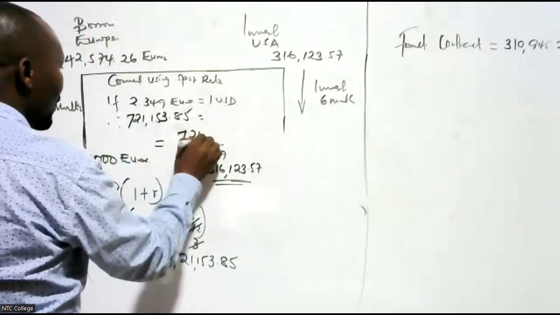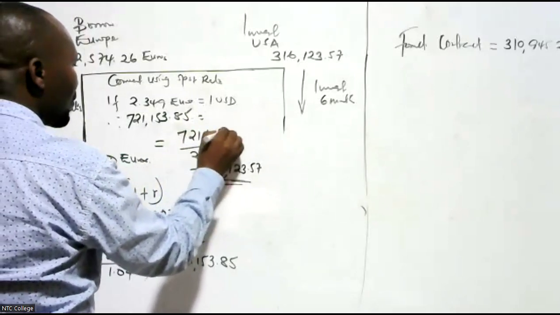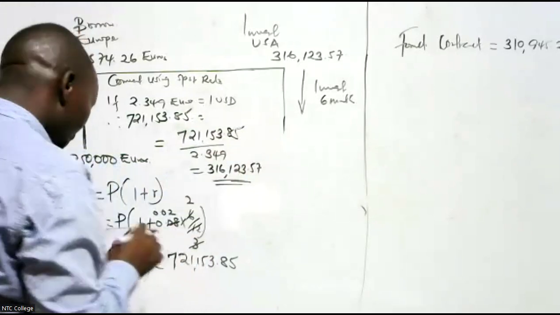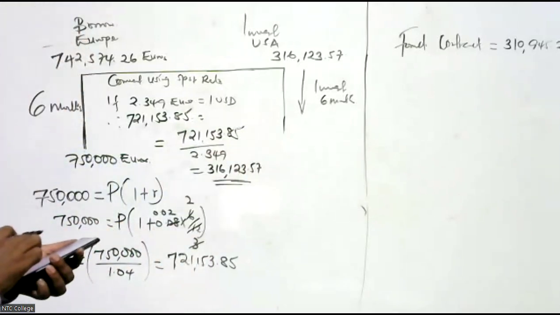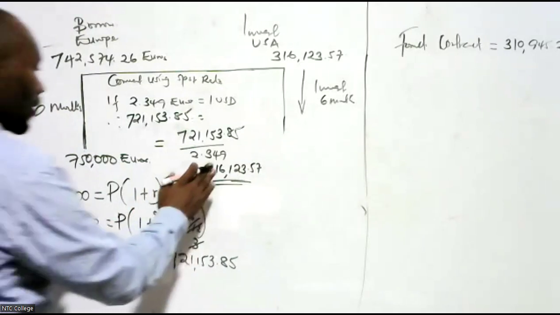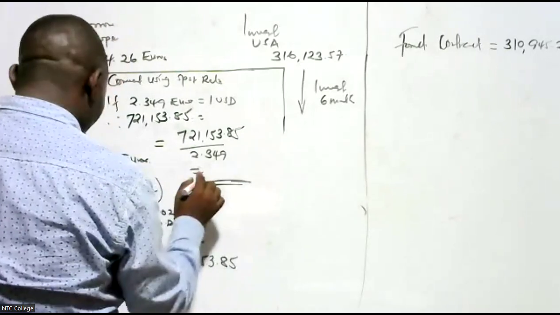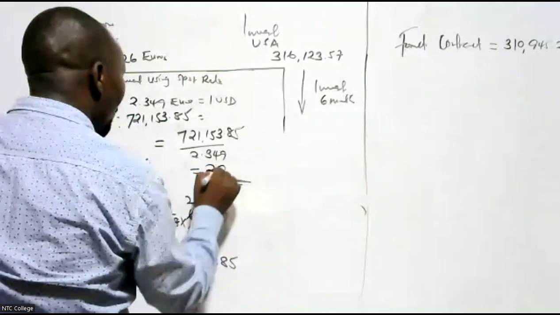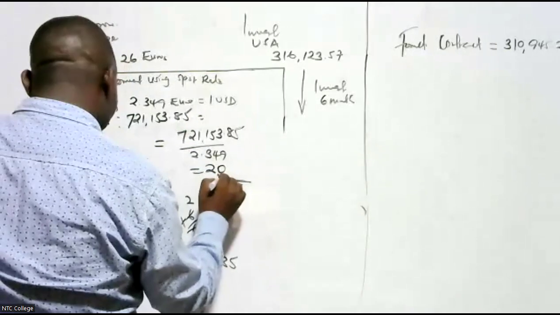So 721,153.85. Divide. We are going to have 24349 here. We need to check whether this is true.